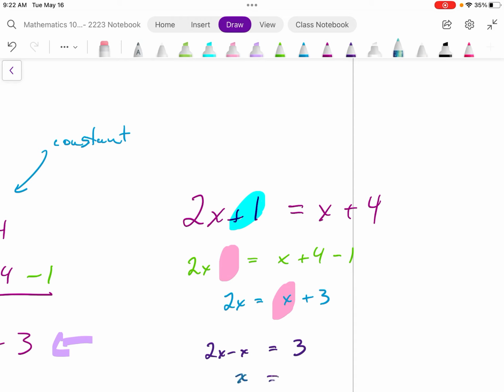On the left, 2x - x is x, and the right is 3. A lot of people come to believe that when we move a number or a variable to the other side, it becomes the opposite. That may not make sense to you right now, but as we progress, it is always using these balance strategies that we will solve.